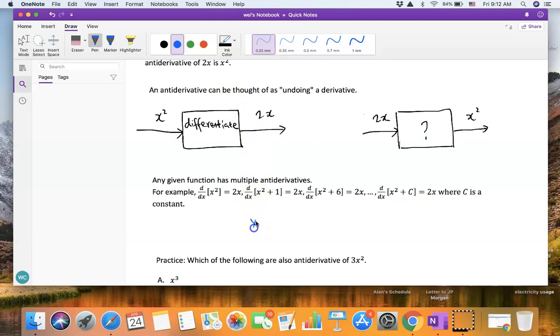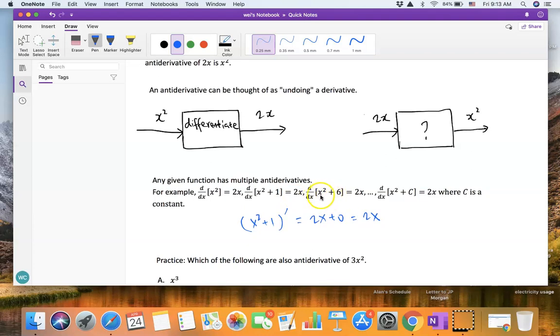Because when we take the derivative of this function, we get 2x, and the derivative of the 1 is 0. So we can also say that x squared plus 1 is an antiderivative of 2x.